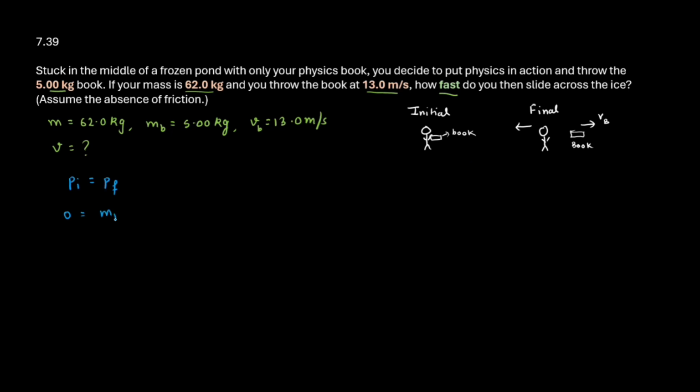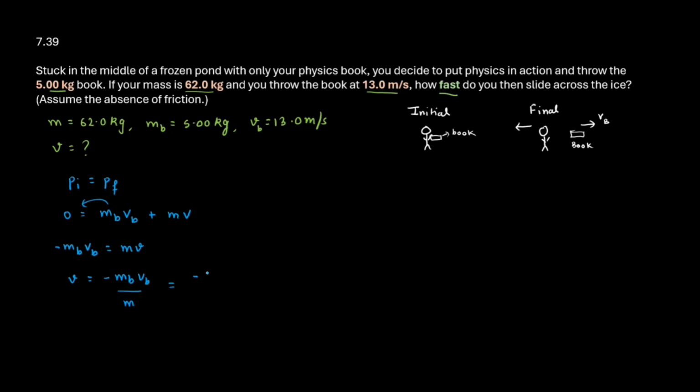So mass of the book times velocity of the book plus your mass times your velocity. I need to find this velocity v. So let's move this to the other side. I get negative mb vb equals m times v. We need to find your speed, so let's divide by m. v becomes equal to negative mb vb over m, where mb is the mass of the book and small m is your mass.